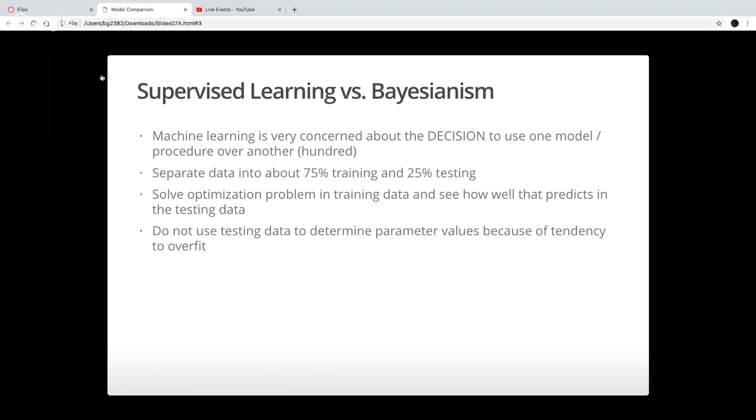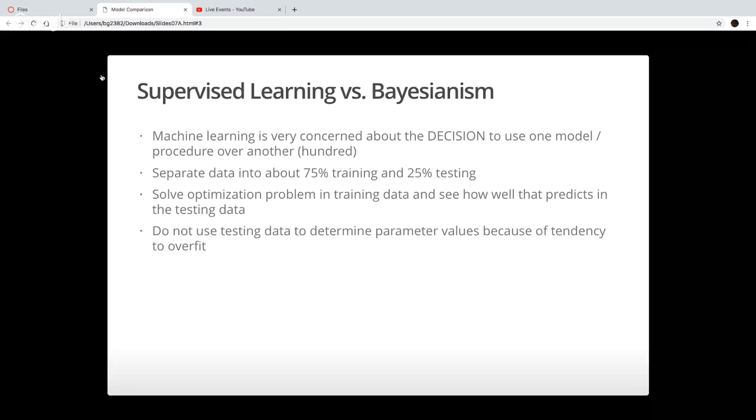But anyway, the main thing about supervised learning, machine learning, or data mining is that it is very concerned with the decision to use one model as opposed to another. And they may be estimating or training hundreds of different models, the way they say it.